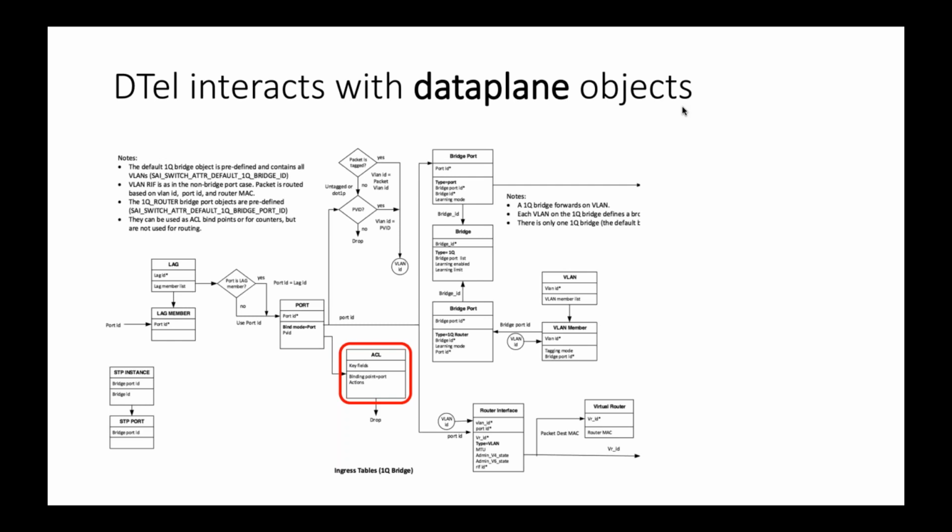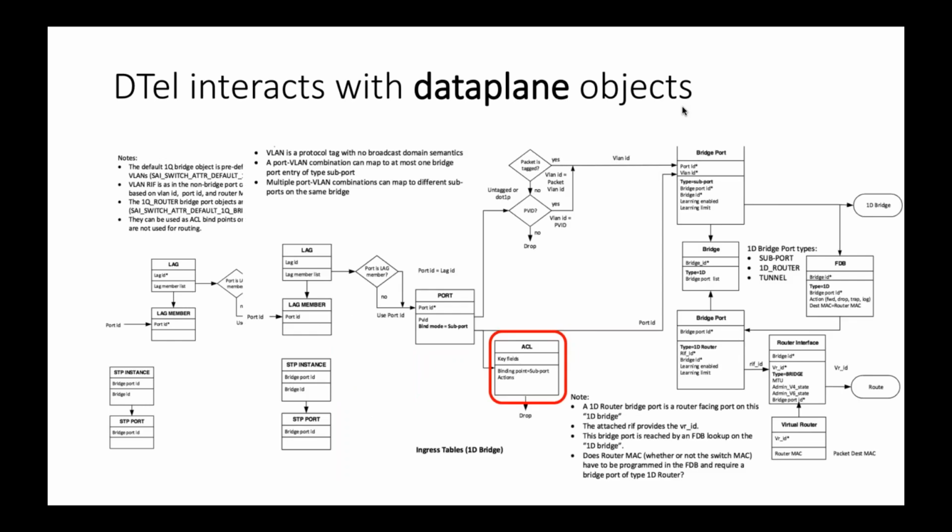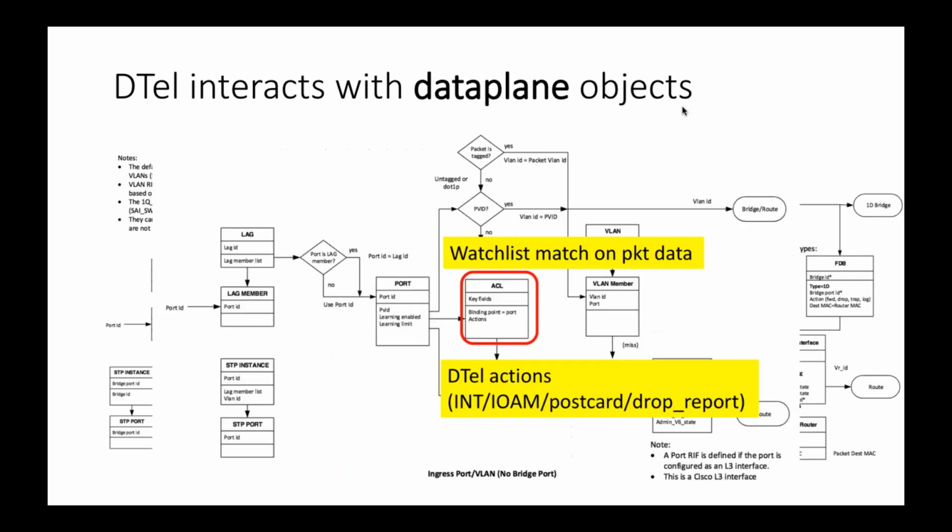If you take a look at ACL, where the ACL object is located in the overall relationship between other object models, whether it's coming after port or before the router interface, is very important. Because when we configure the ACL table, we need to know whether the meaning of, for example, the 5 tuples is before or after tunnel, encap, decap, etc. In the same way, the ACL table is interacting with many different cases.